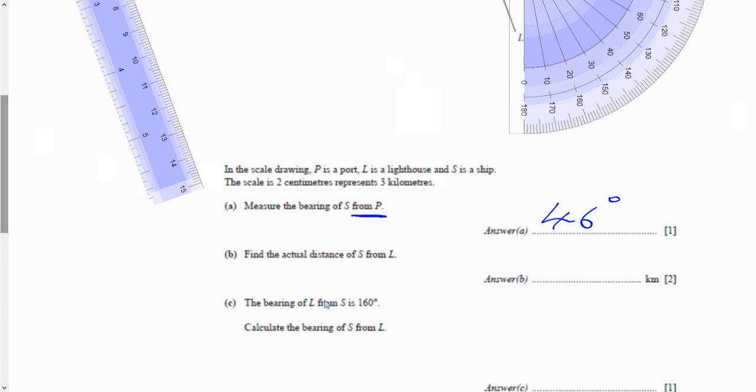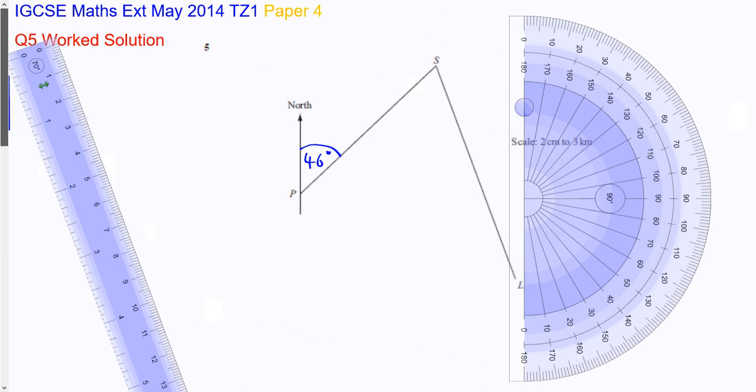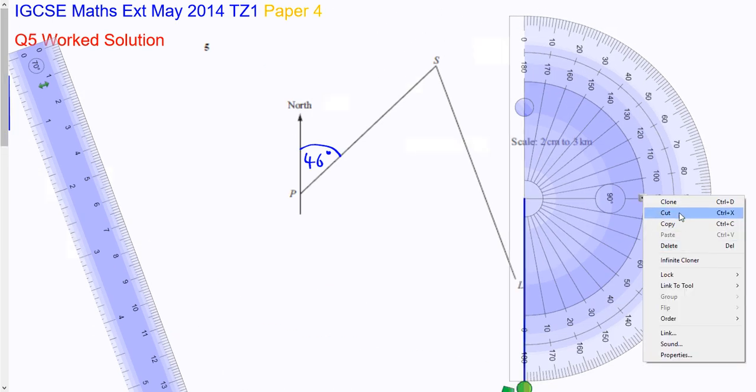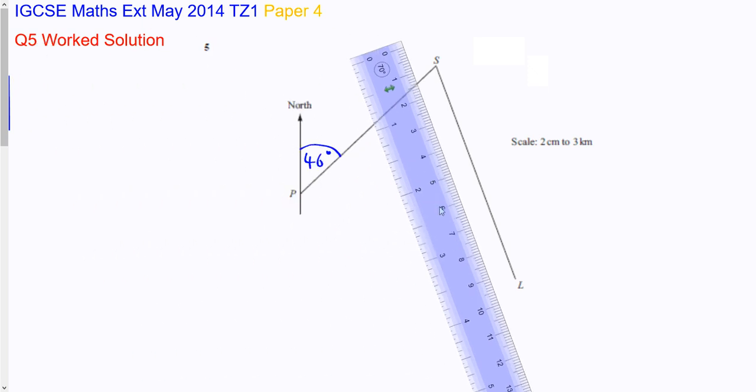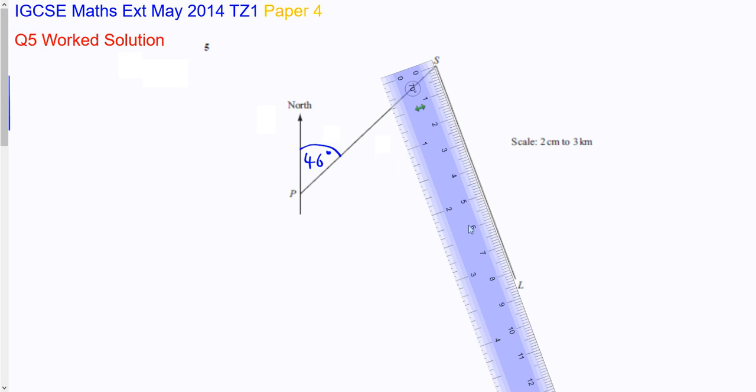All right, part B. Find the actual distance of S from L. I think we're done with our protractor for now, so I'm going to get rid of that. We want to find the distance of S from L here. It doesn't matter what side we measure from, but we're going to need a ruler. With these sorts of questions, there is room for subjective use of the tools.